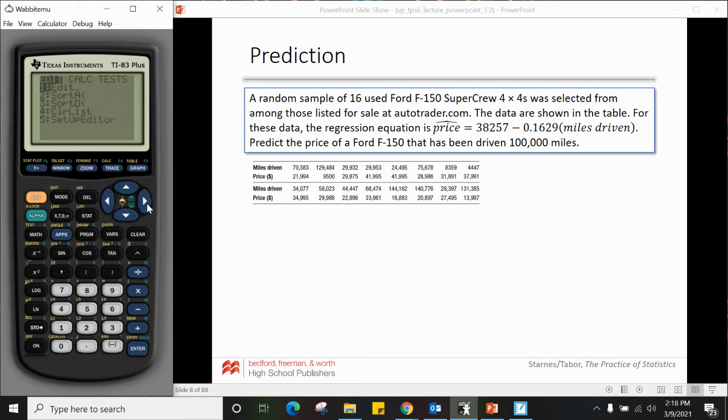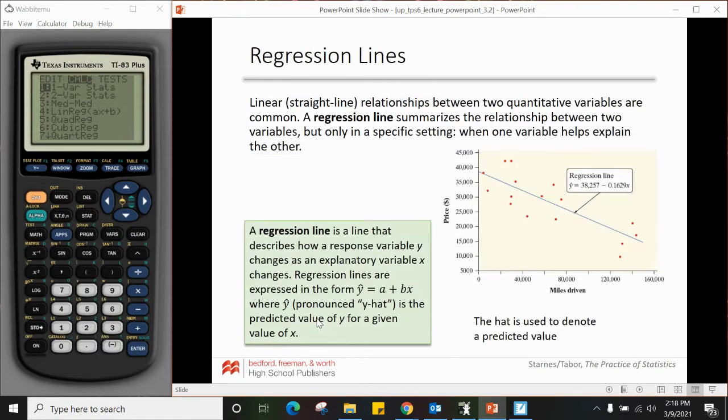So we're going to go stat, calc, and like we said, we always do y hat equals a plus b x. So I'm going to scroll down. I know number 4 says ax plus b. We want a plus bx. So I want the second one, y equals a plus bx. I'm going to press enter because my data is in L1, L2.